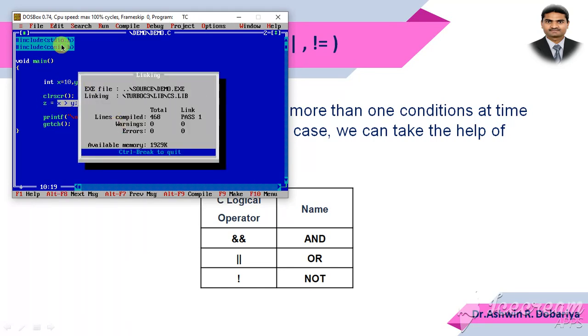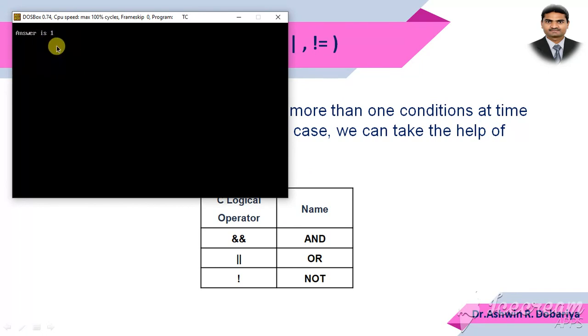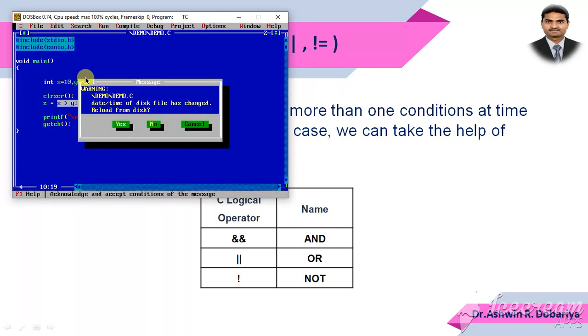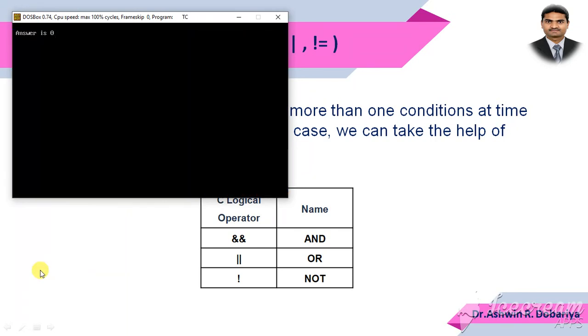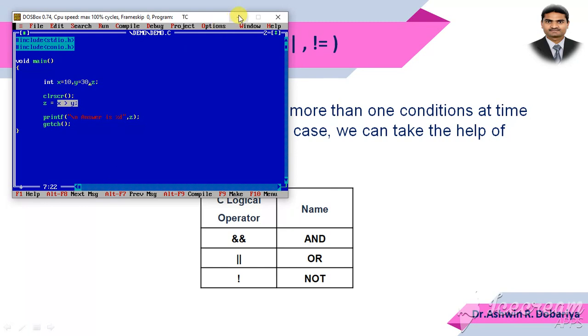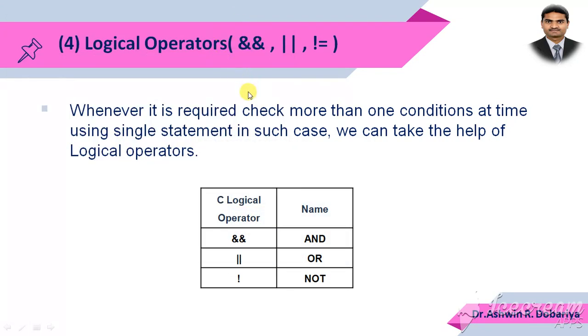If we run this, then the answer is 1. And if this condition becomes false, if y is 30 for example, and I run this program, then it becomes 0. So remember one point, in a condition, whenever the condition becomes true, it returns 1. If the condition becomes false, then mostly it returns 0, otherwise we can say non-zero values.